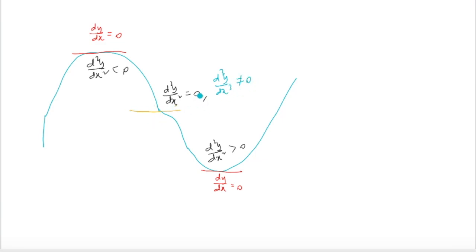Then it's a point of inflection. This is the method I taught just now. Your textbook one uses dy/dx only: going up then going down is maximum, going down then going up is minimum, and going down with no change is a point of inflection.